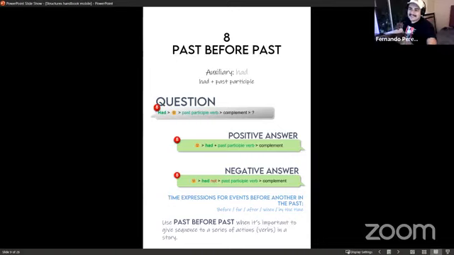See what I mean? After today, we are going to start normalizing these structures in everyday situations, and you will see how often American people use the auxiliary had.